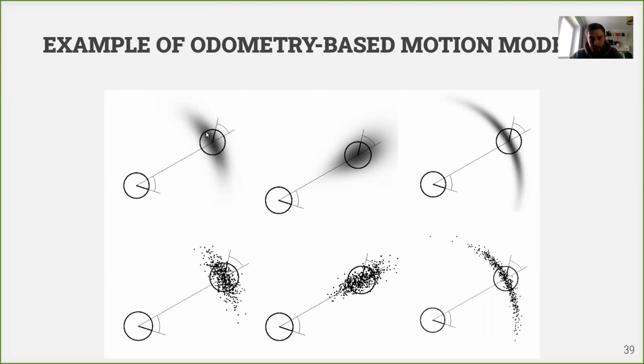And here, the darker the color is, the more probable the pose is. So you can see that poses close to our predicted or expected position are quite probable, and further away they're becoming less and less probable, but still there is some probability that moving from here to here, we actually ended up somewhere here. There is some small probability because of imperfect world, imperfect actuators.